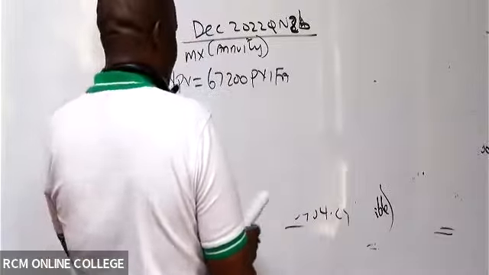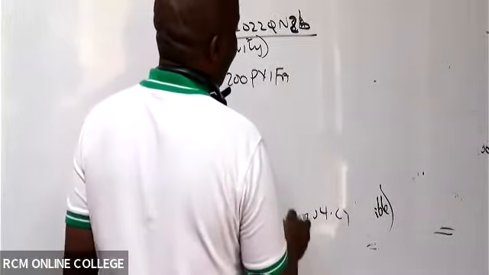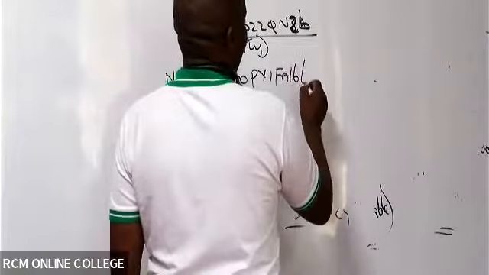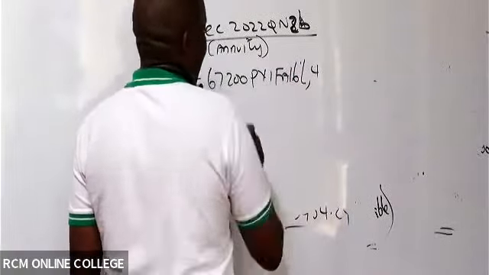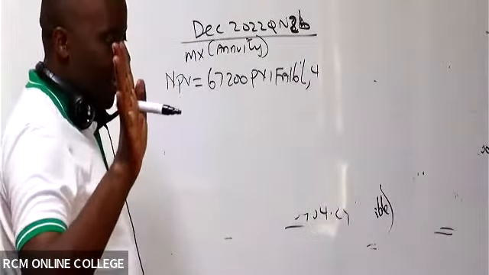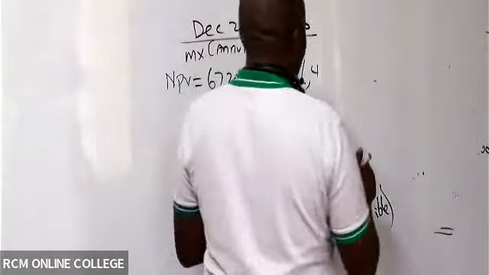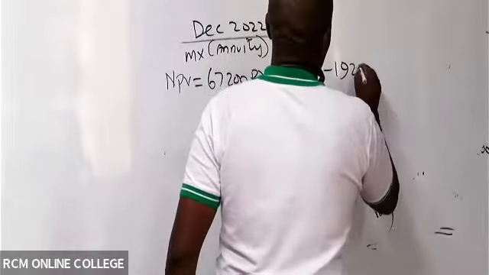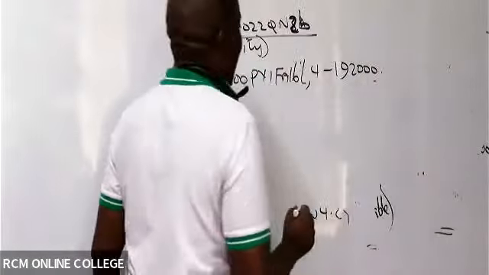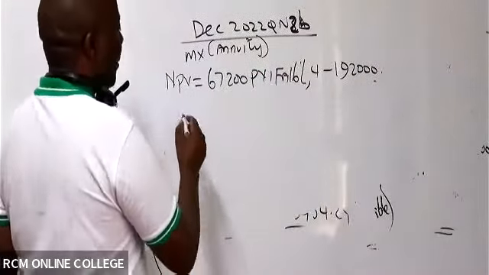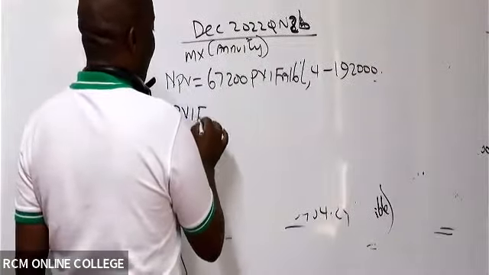Have they given us the cost of capital? 16%. How many years are we getting this 67,200? 4 years. Minus the initial outlay, which is 192,000. Then come here and compute the PV.